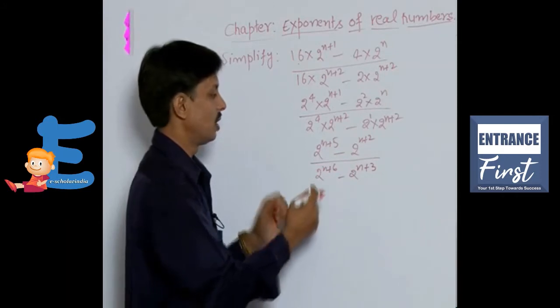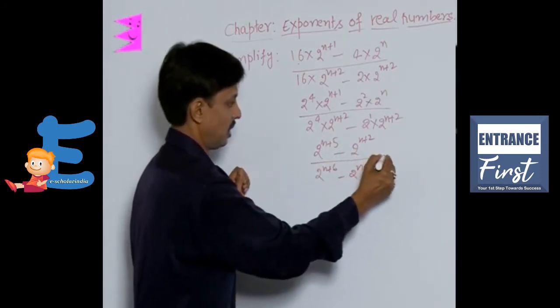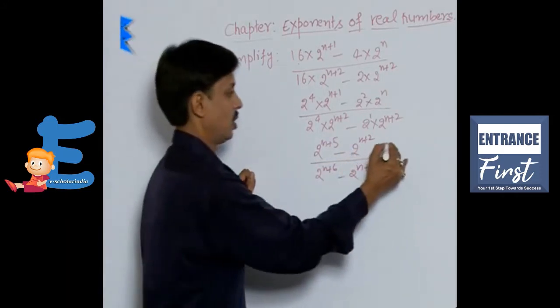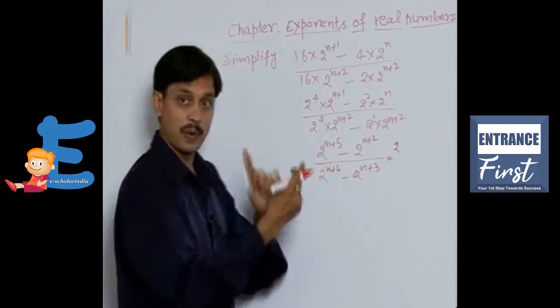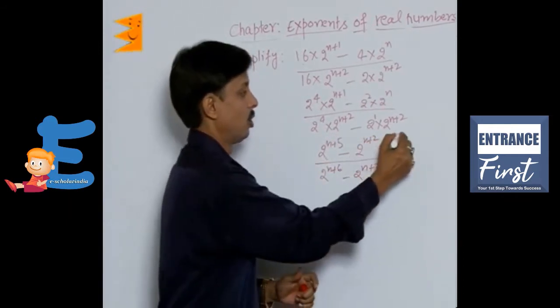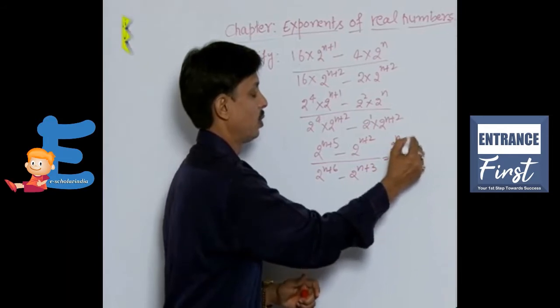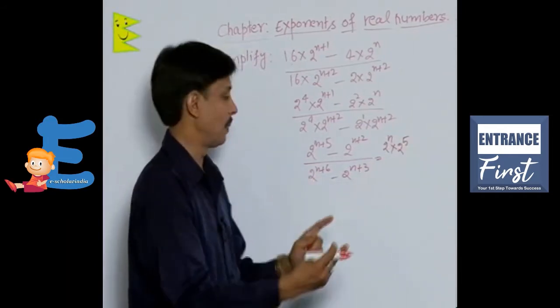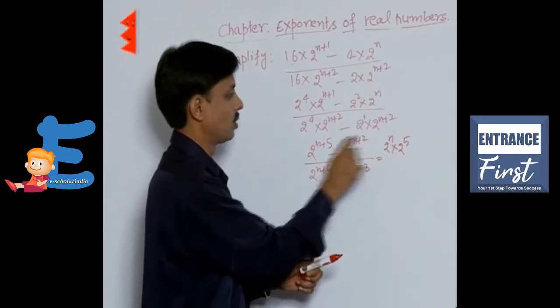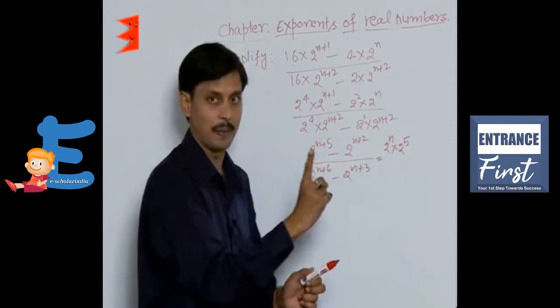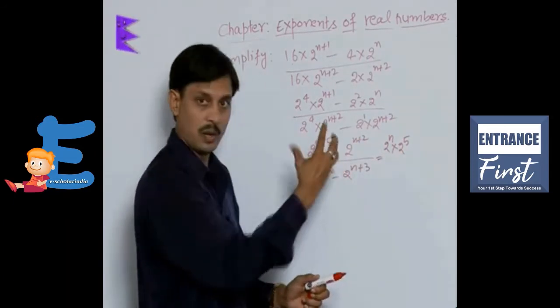Now, in order to simplify, 2^(n+5) can also be written as 2^n into 2^5. I have separated the variable and constant powers separately, same base, reverse of it.